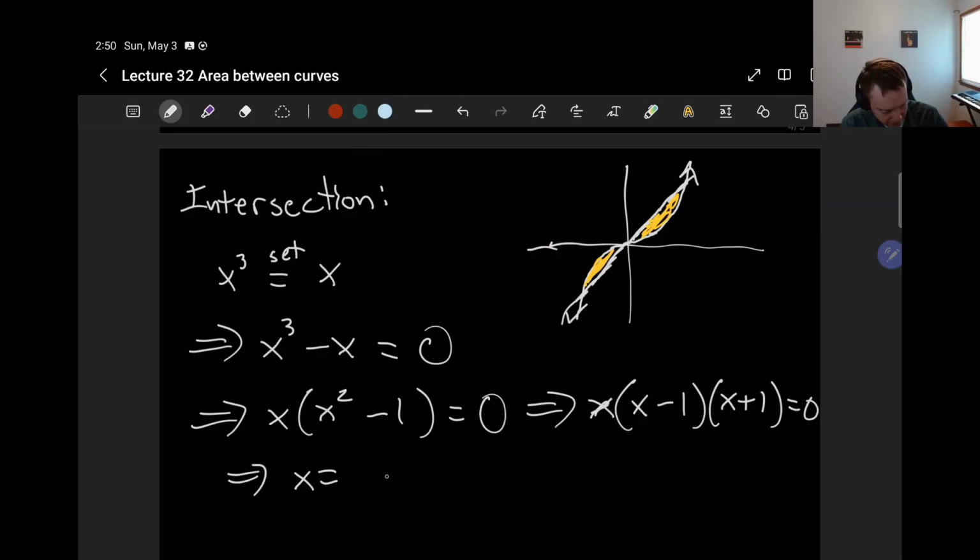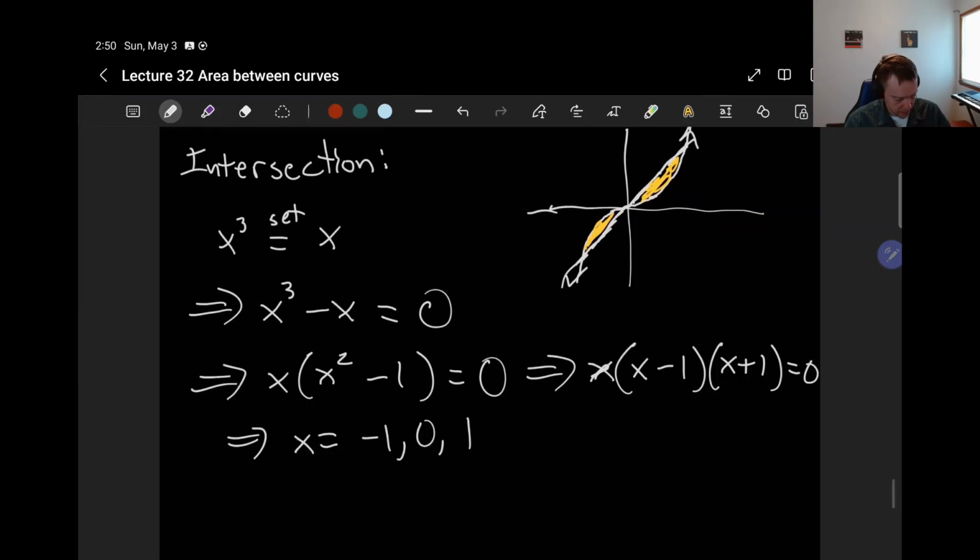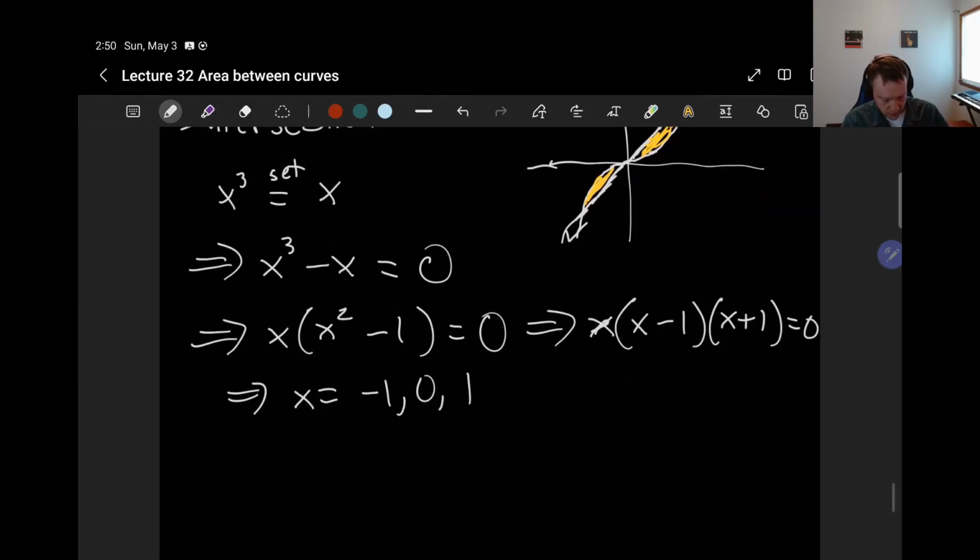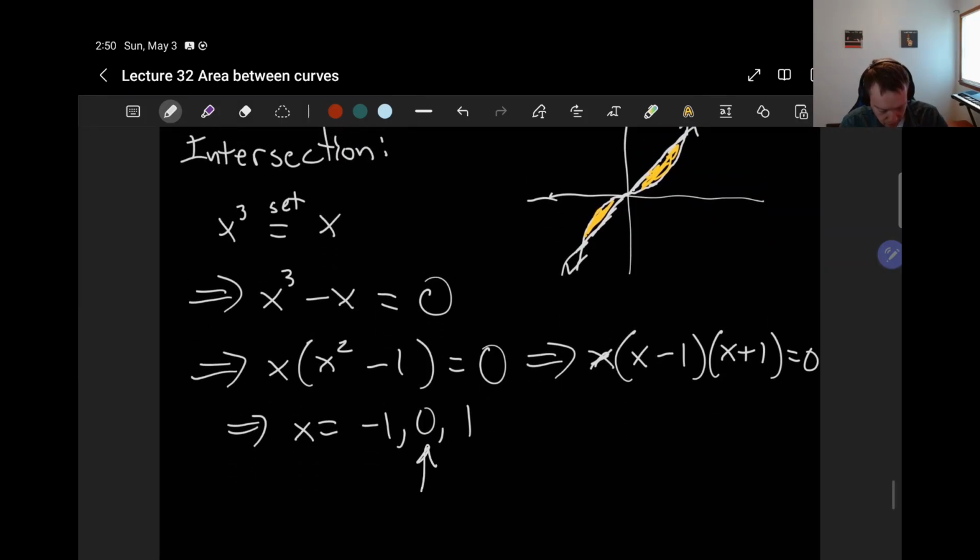So how about we write -1 first, since that's lower. So this is the middle point when x is 0. That's where the switch happens, where there's a reversal in roles from which curve is on top.